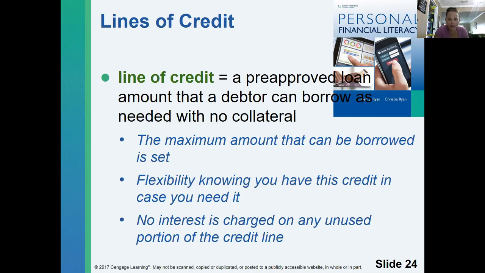So say you get pre-approved for $10,000. Again, no collateral is needed because you have good credit in this case to get a line of credit. Say you want to remodel your kitchen or bathroom and you don't know how much it's going to cost. You can borrow $5,000 and then maybe $2,000 because you have that credit in case you need it, but the amount is set.